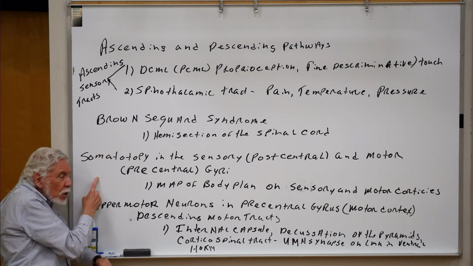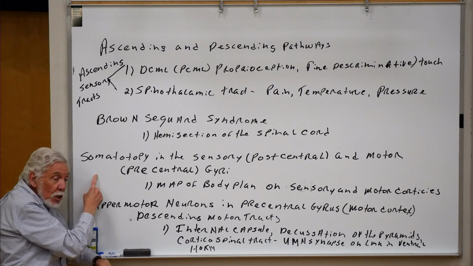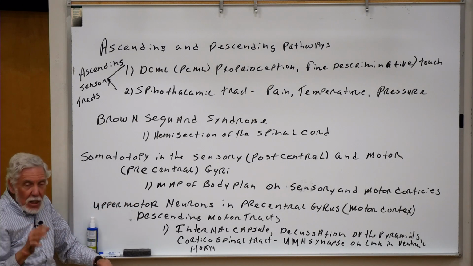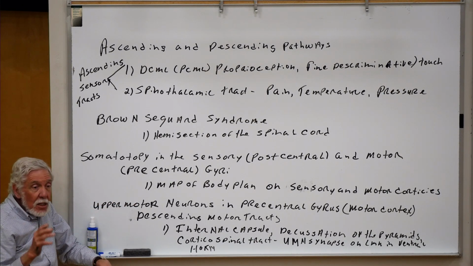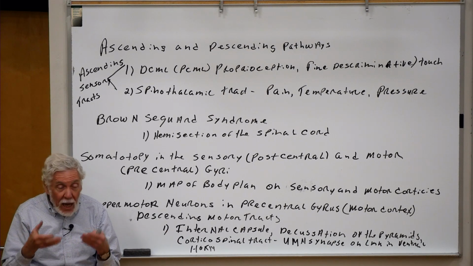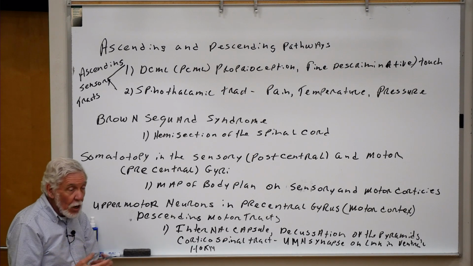Then what we'll do is take this information all the way up to the brain, all the way up to the cerebrum, all the way up to the somatosensory cortex. As we talk about the cerebrum, recognize the cerebrum is a substantial part of the brain. When you look at an image of the brain, normally what you're looking at is the cerebrum.